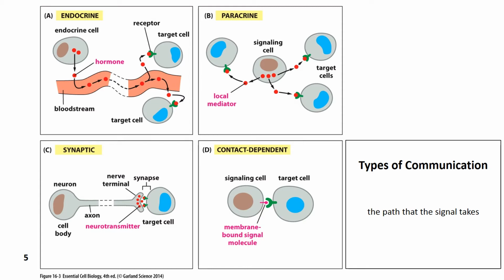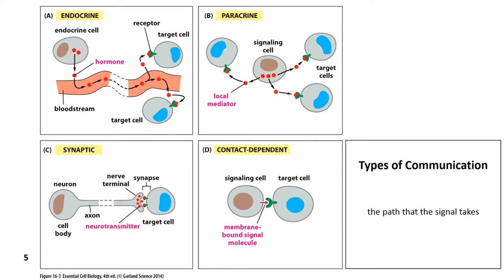If the signal is released into the extracellular environment, this type of communication is paracrine communication. In paracrine communication, again, the signal is released into the extracellular space, diffuses through that extracellular space, and then when it finds a cell that is able to receive the signal, it induces a response.